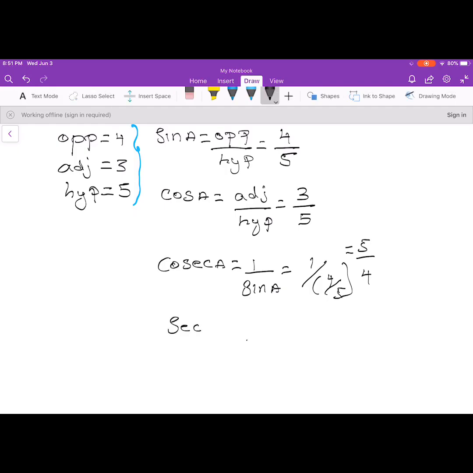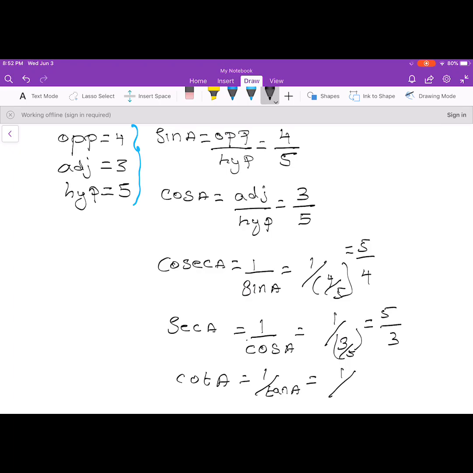Secant A is 1 by cos A. On reciprocating 3 by 5, I will get 5 by 3. Cot A is 1 by tan A. On reciprocating 4 by 3, I will get 3 by 4.